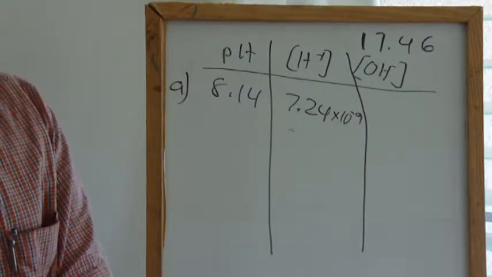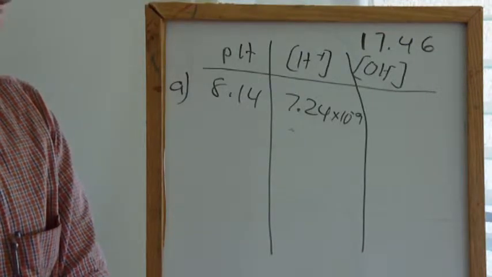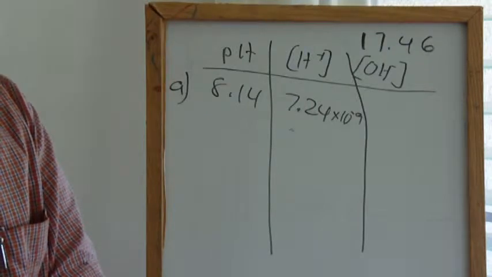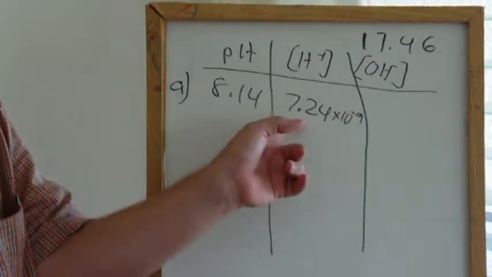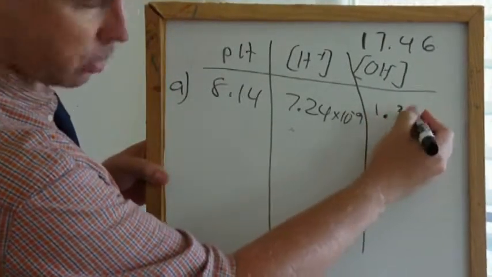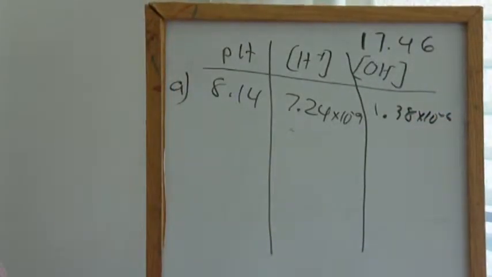So we have 1 times 10 to the minus 14 divided by this value here, and the hydroxide ion concentration is 1.38 times 10 to the minus 6. Let's see if I did that right. 1746A. 1.4 times 10 to the minus 6. All right, good.